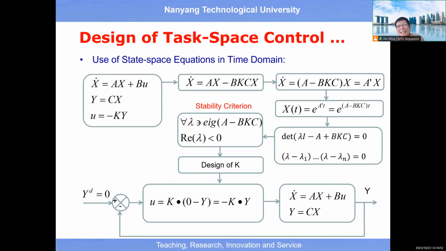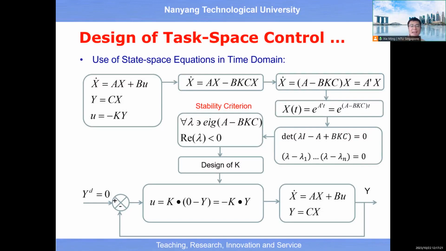So in the frequency space, the eigenvalue must be in the left half plane, right? Left half plane means the horizontal component of lambda must be negative. So this RE, capital R, small e, means the real component. Real component means the horizontal component of vector lambda, right?